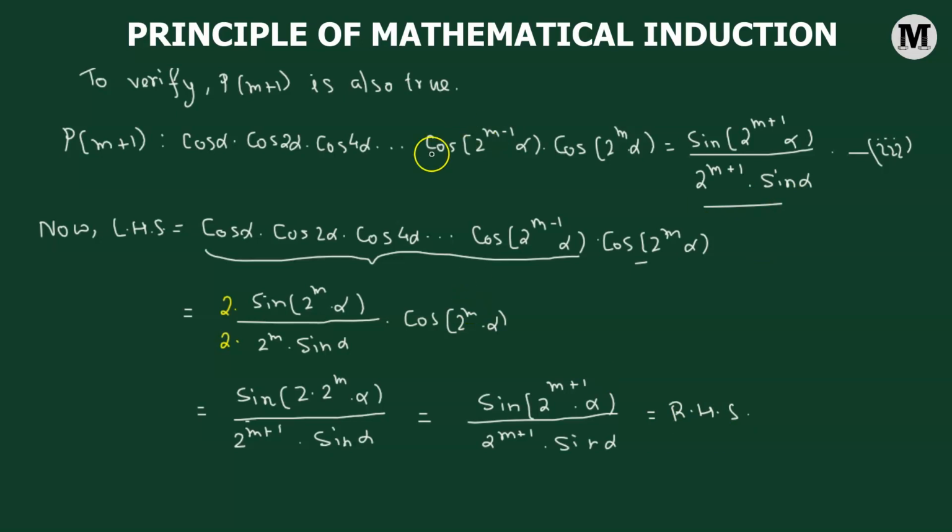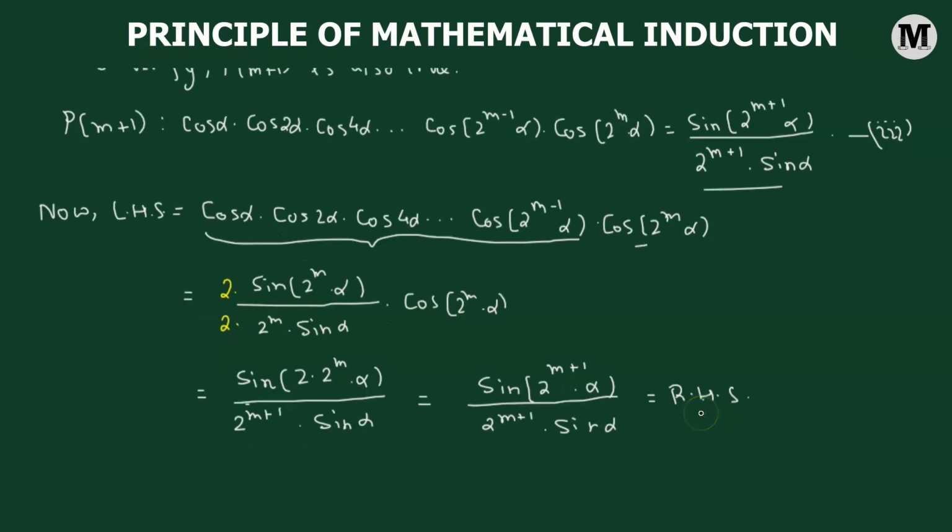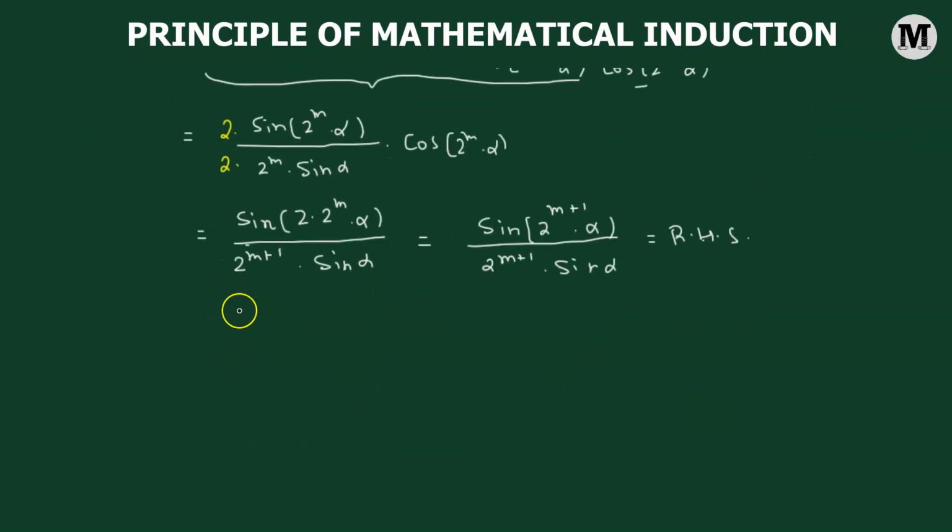And we see that this is exactly the expression on the right hand side of statement number 3. So we started out from the left hand side and were able to show that it exactly equals the right hand side. This implies that the left hand side of our expression equals the right hand side, and when both are equal, this tells us that the statement we considered, p of m plus 1, is a true statement.